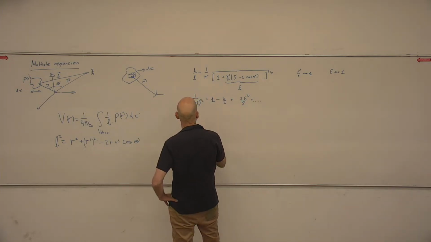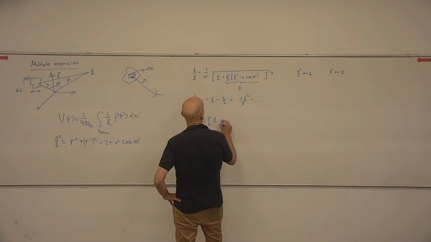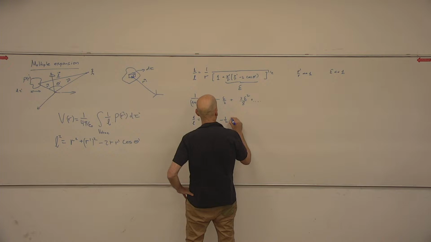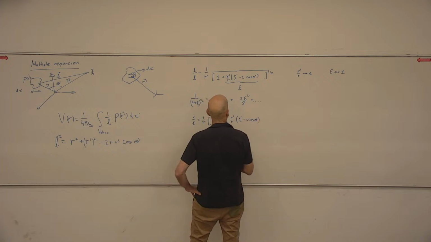So I have 1 over L is equal to 1 over r, and then I take this thing as 1 minus a half r prime over r times r prime over r minus 2 cosine theta.